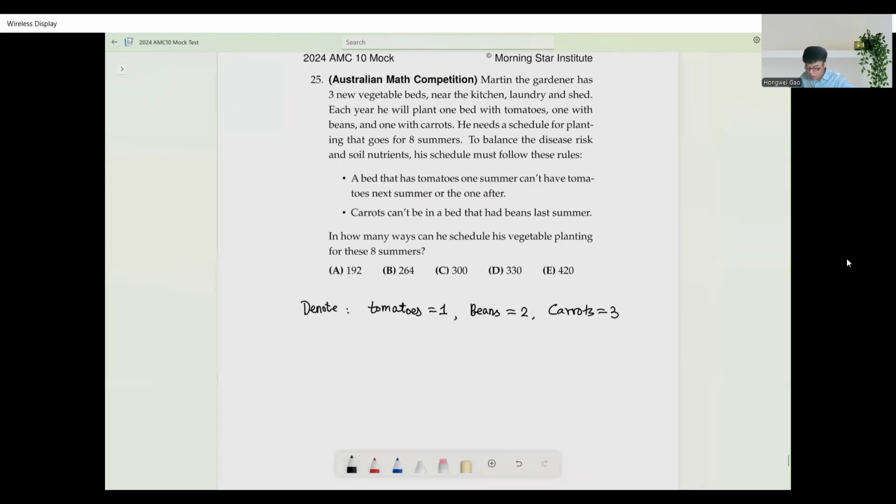So every year there should be 1 for tomatoes, 1 for beans, 1 for carrots. So every year there should be 1, 2, 3. We have 3 vegetable beds: near kitchen, near laundry, and near shed.